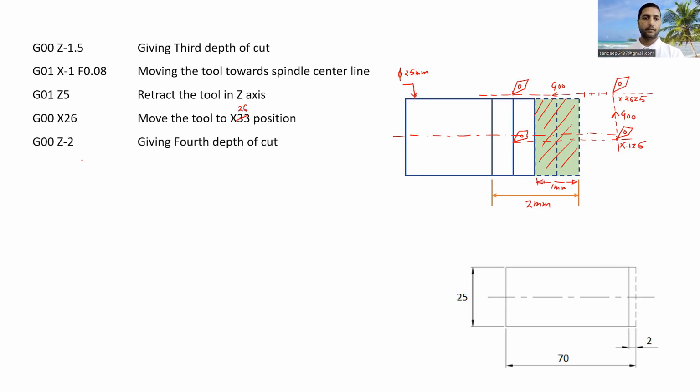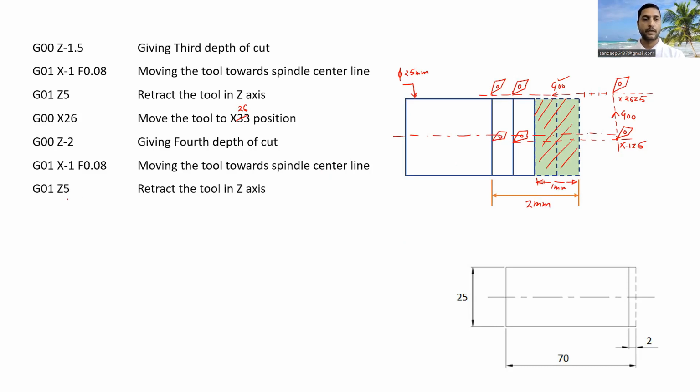Then we have the last depth of cut, that is we are moving to Z-2 with rapid traverse. So from this location now we are reaching here with rapid traverse once again. Okay, and we are moving the tool towards the spindle center line again at this location, let us say Z-1.